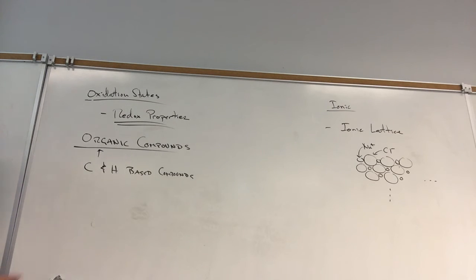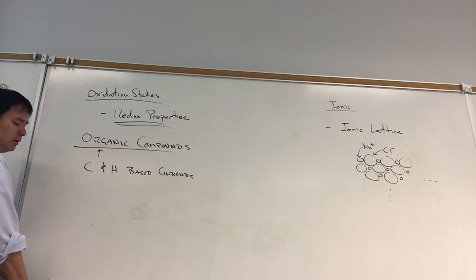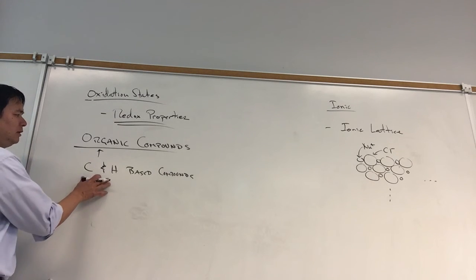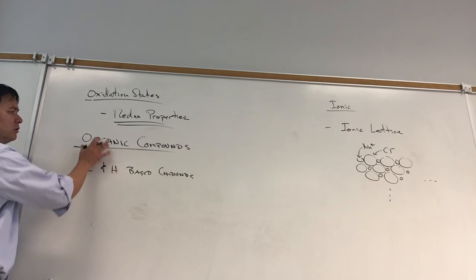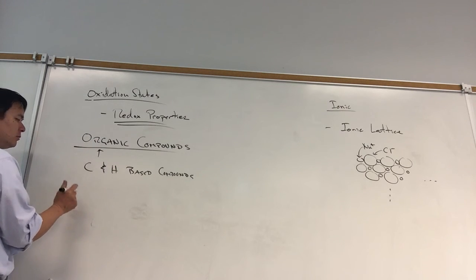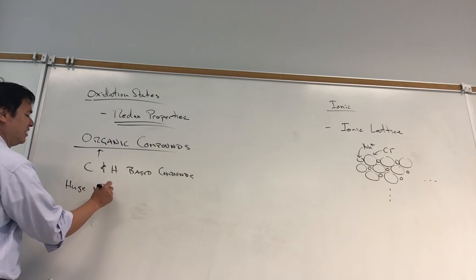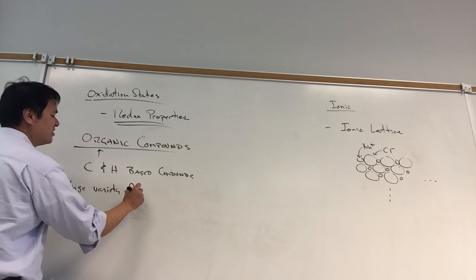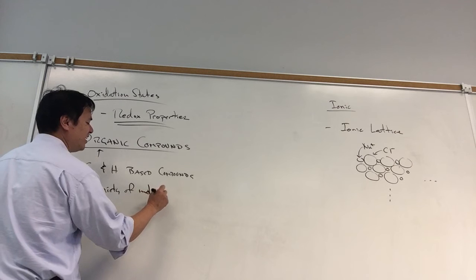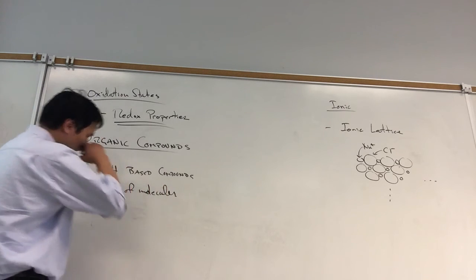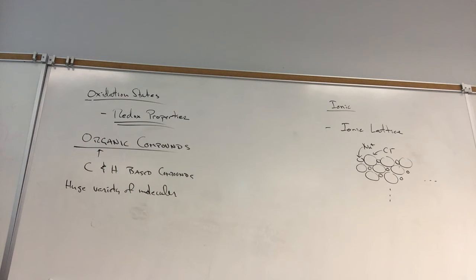And the reason why, well, carbon's just part of the periodic table, so why is there a subset of chemistry called organic chemistry that deals with these? The reason is there's a huge variety of molecules or compounds that have carbon and hydrogen.